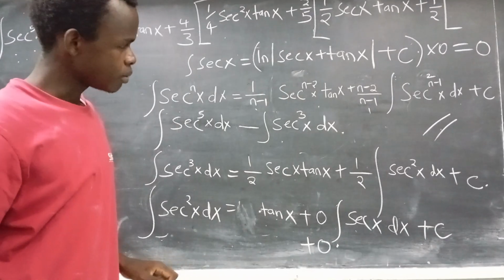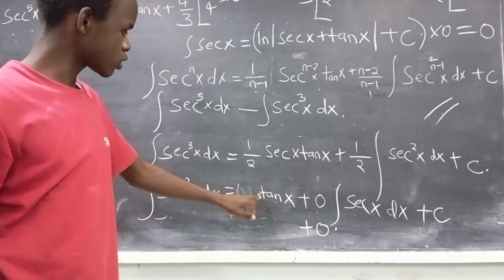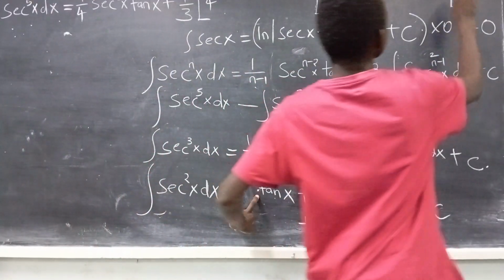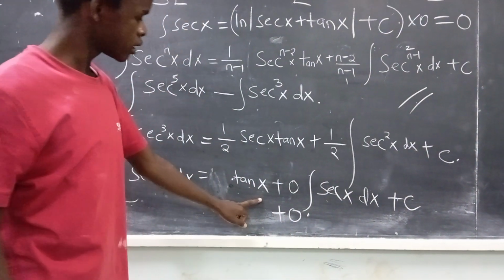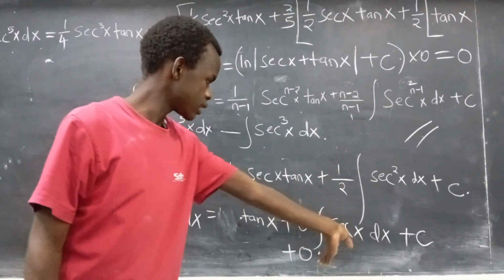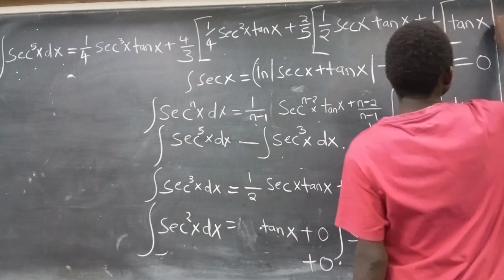So our final answer will be tan of x plus this other part will be 0. So this is our final answer, yes.